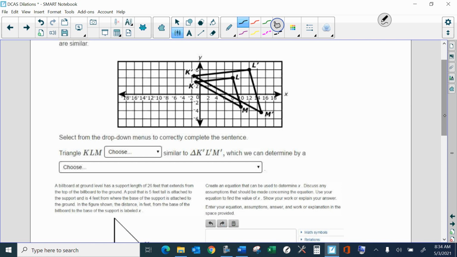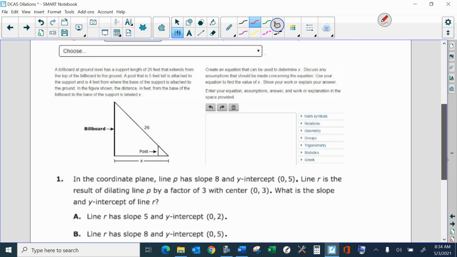So you could go from the origin, figure out the length to two corresponding pairs of points, but we know it's centered at the origin, and the scale factor is going to be greater than 1 because the image is bigger than the pre-image. So maybe it's like 1.2, 1.3, something like that.